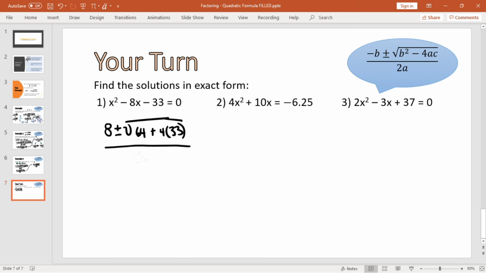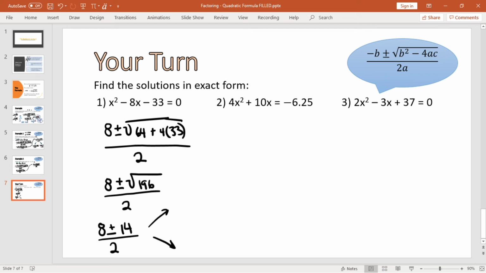So it'll be 8 plus or minus root 196 over 2, which becomes 8 plus or minus 14 over 2. So I'm going to split that. And if I subtract 14, I get negative 6 over 2. And if I add 14, I get 22 over 2. And I can simplify those to negative 3 and 11.